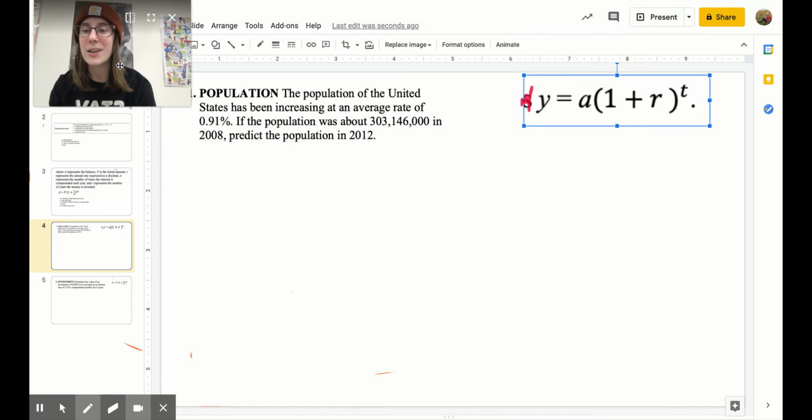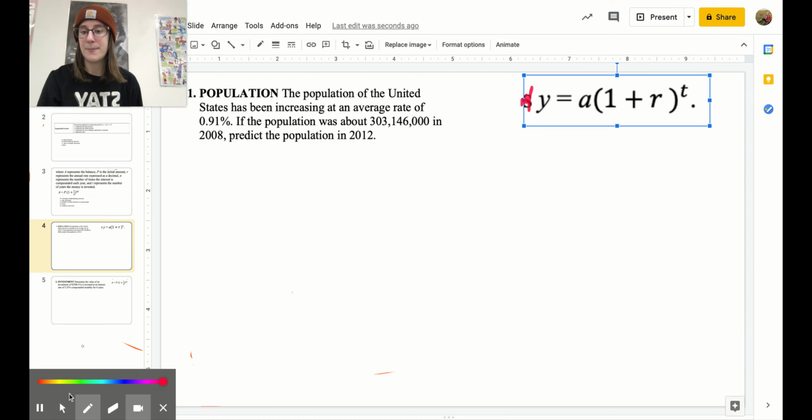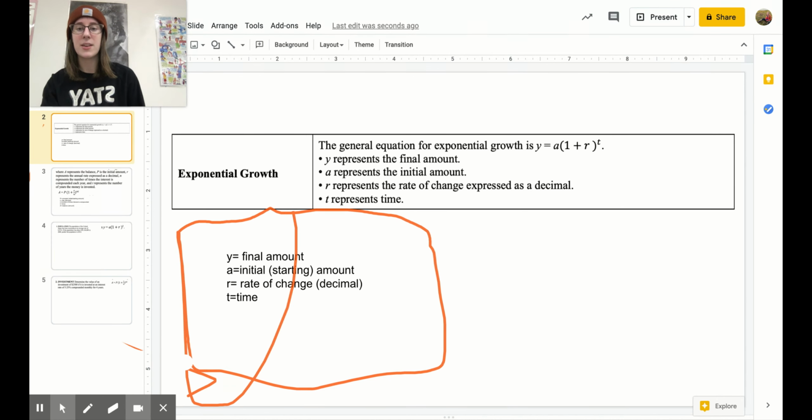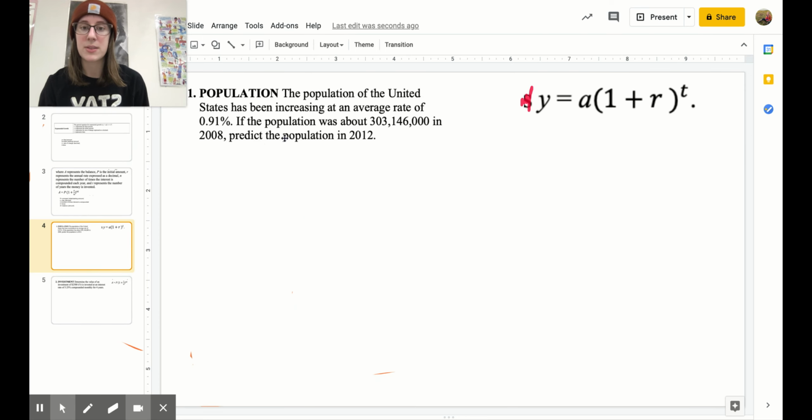And we also need to identify some key information here. Going back to our notes, hopefully you have your notes in front of you to use this. I want to figure out what everything is. So A is the initial or starting amount. So it says the population of the United States has been increasing on an average rate of 0.91%.